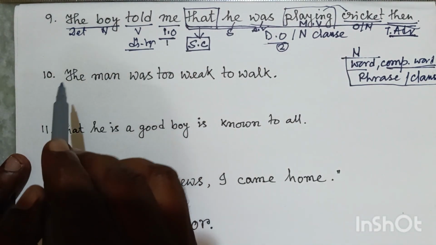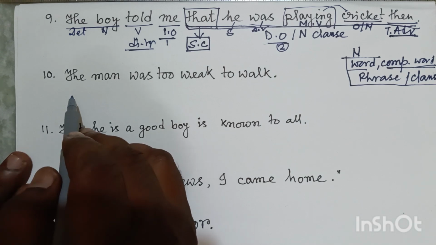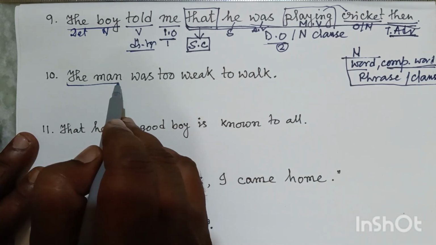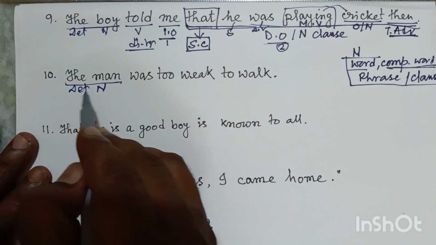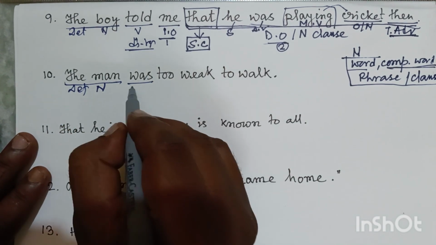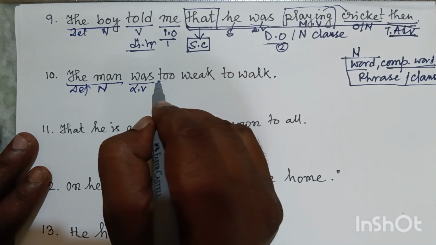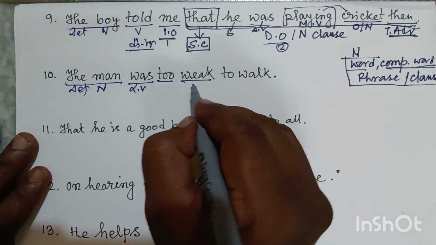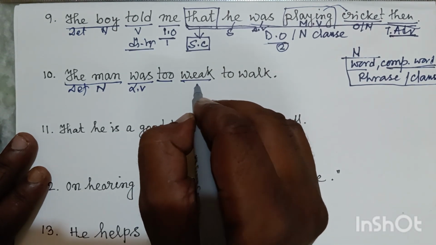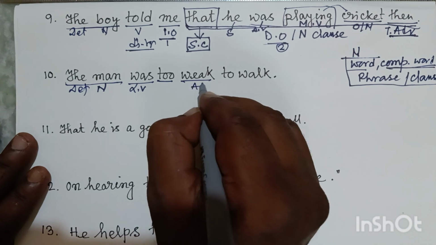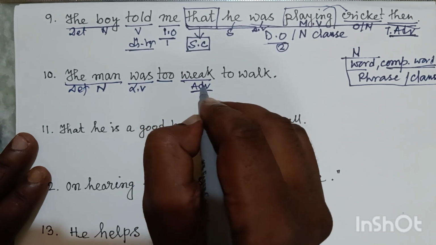Friends, here in question number 10, you can see the man, that is the noun, and the is the determiner. Was, that is the linking verb. Weak is the adjective.